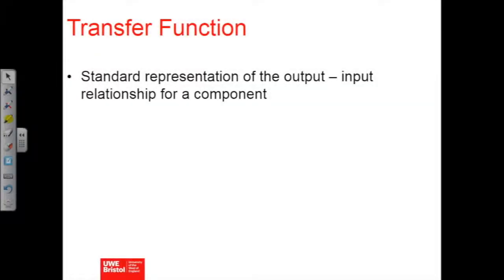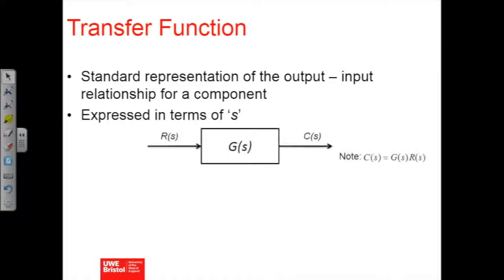Okay, the transfer function is a standard representation that we use in control engineering to model systems. What goes inside the block in that block diagram is a system transfer function relating the output quantity to the input quantity.